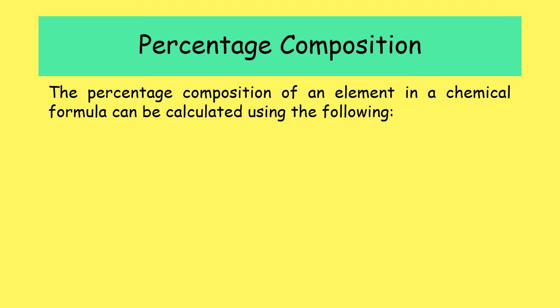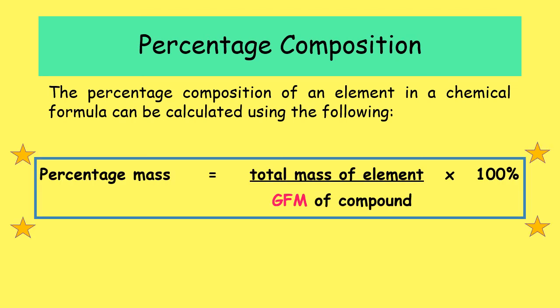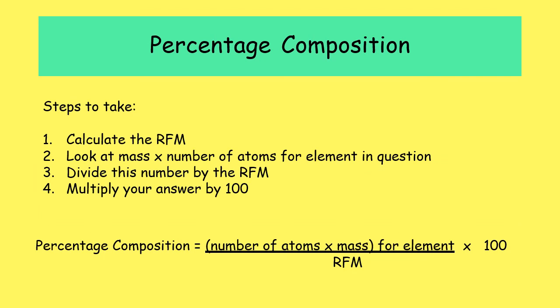The percentage composition of an element in a chemical formula can be calculated using the following equation. Percentage mass equals total mass of element divided by the gram formula mass of the compound, multiplied by 100. So what you do is you calculate the relative formula mass or gram formula mass.